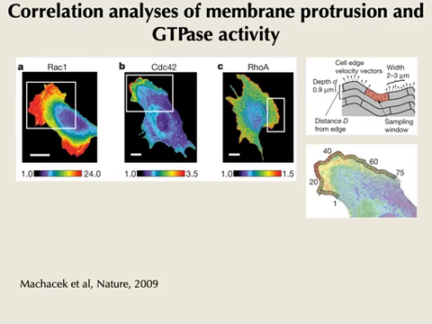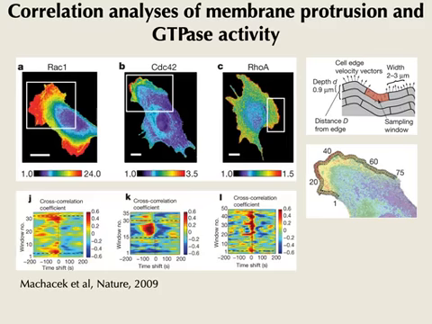So when they can quantify all of this, they can start asking, and this is a convoluted analysis, so try to understand, but I'm not going to bother you with that. They are looking for correlation, a so-called cross-correlation analysis. In other words, they are trying to ask which activity of Rho GTPase correlates the best with protrusive activity over time.